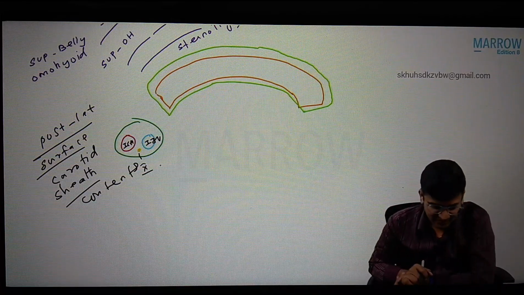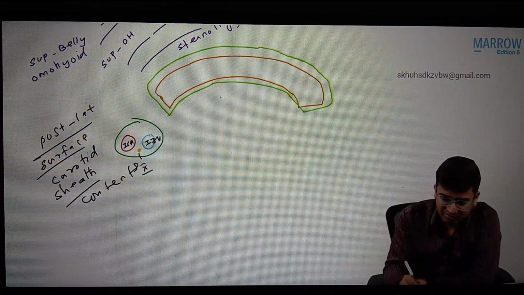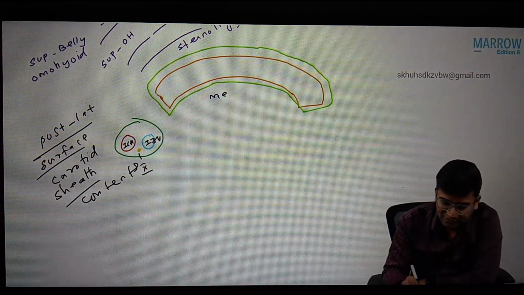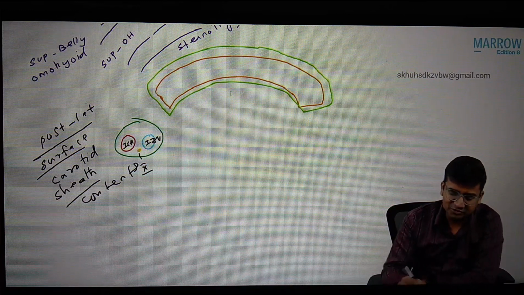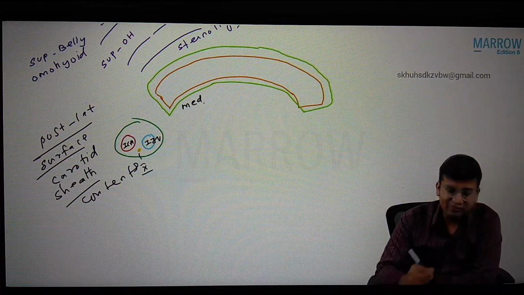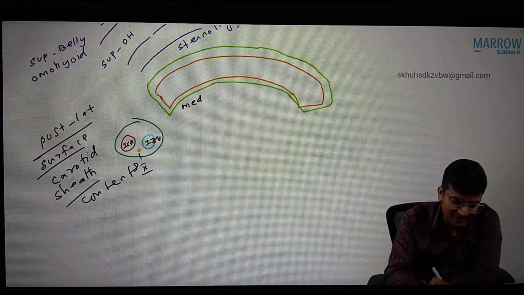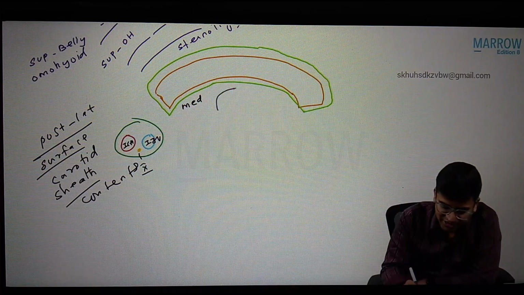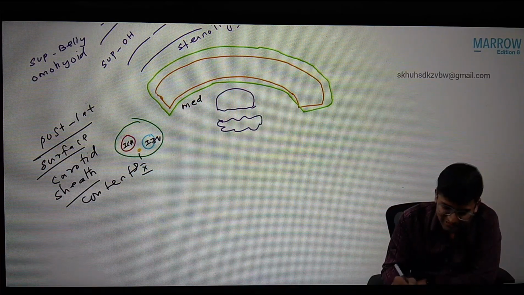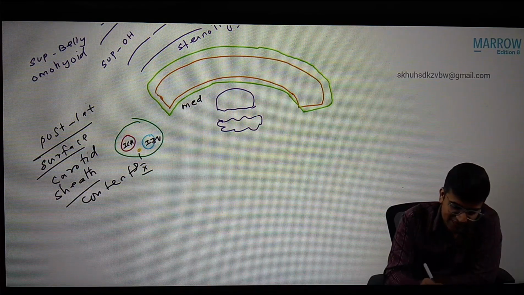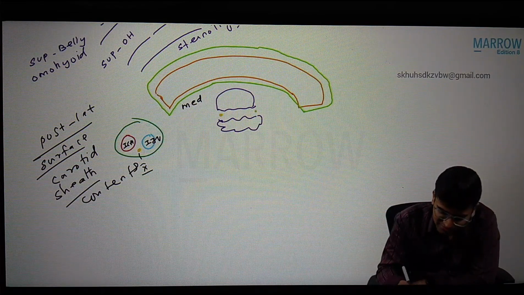Okay, right. Now in the medial surface, we have two tubes, two cartilages, and two muscles. The two tubes are the trachea and the esophagus. Between the trachea and esophagus, we have the recurrent laryngeal nerve.